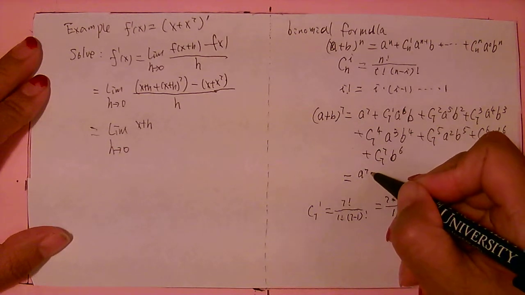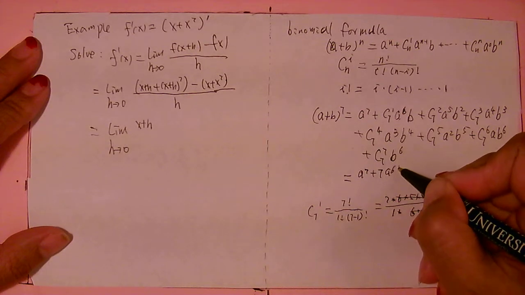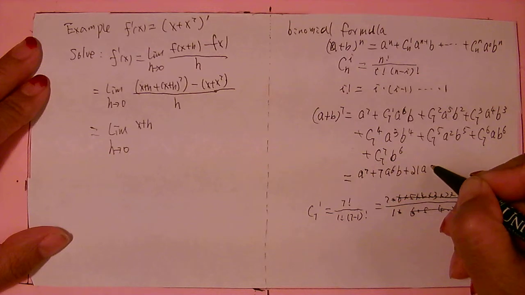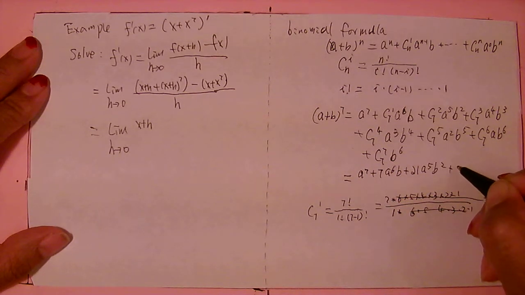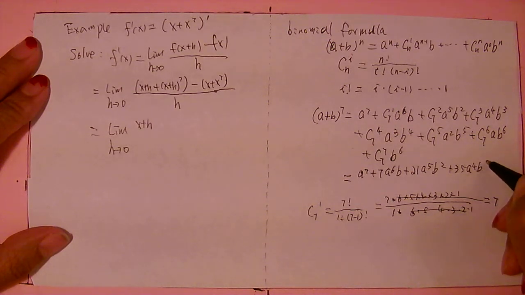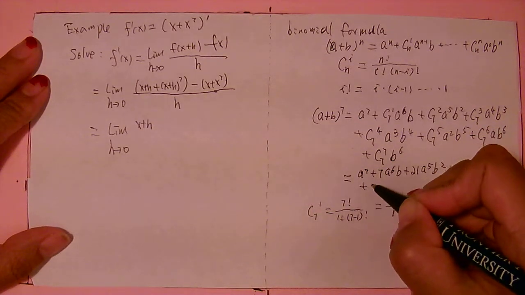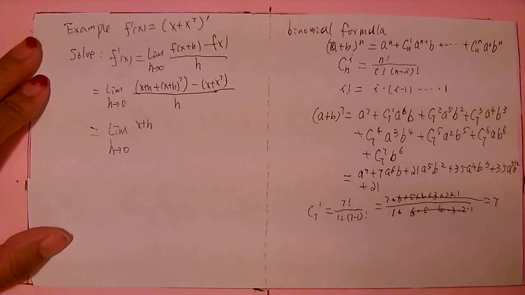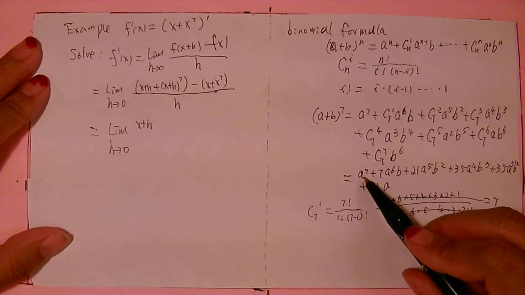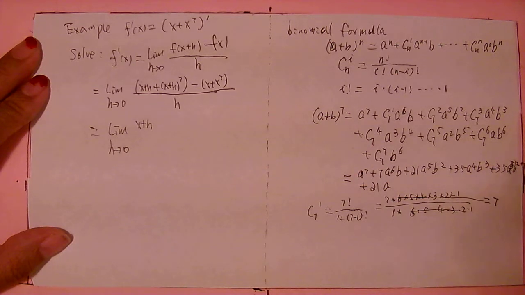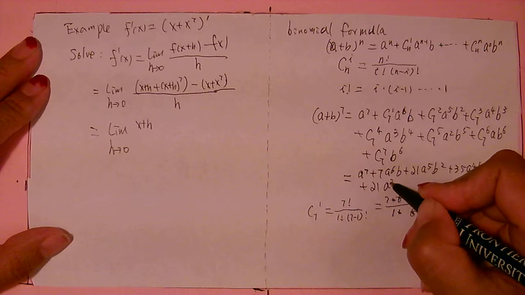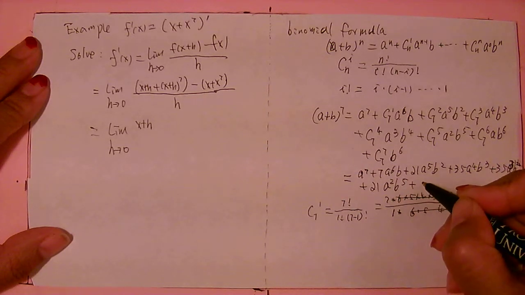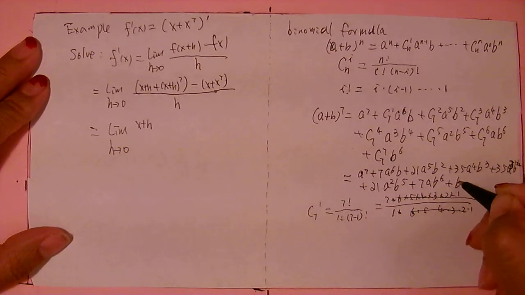So here will be a^7 plus 7a^6 b plus 21a^5 b^2 plus 35a^4 b^3 plus 35a^3 b^4 plus 21a^2 b^5 plus 7a b^6 plus b^7.